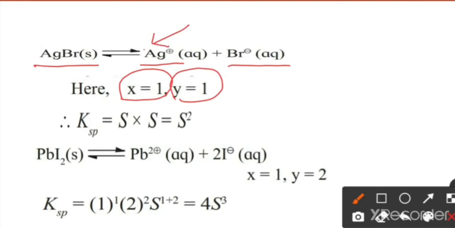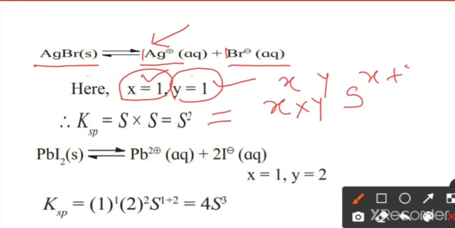Coefficient of Ag is 1, coefficient of Br minus is 1, so x is equal to 1, y is equal to 1. And the formula of KSP is x raised to x into y raised to y into S raised to x plus y.